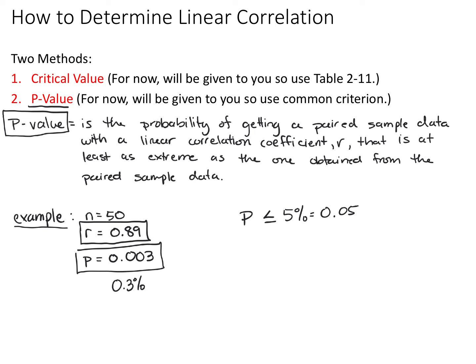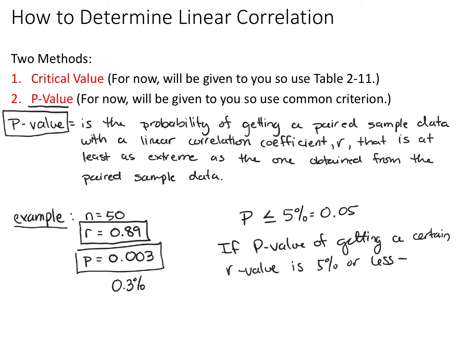So if the p-value of getting a certain correlation coefficient, an R value, is 5% or less, then we conclude that the data has a linear correlation.